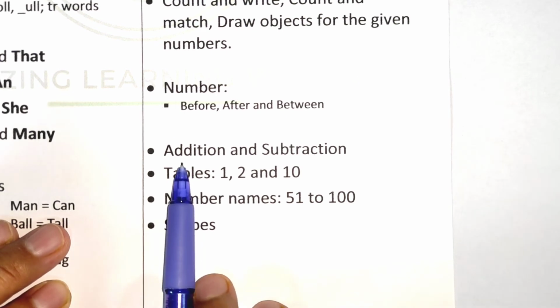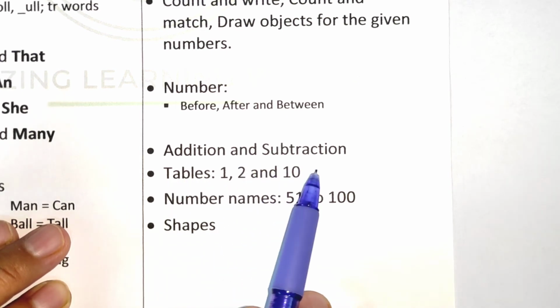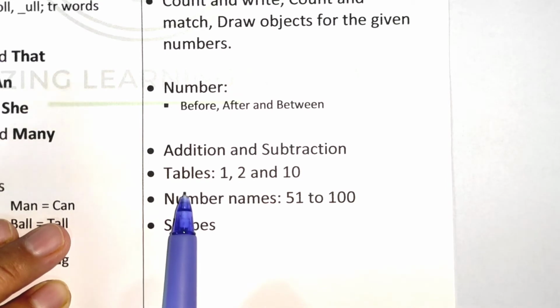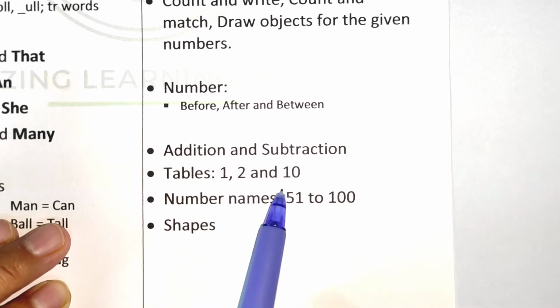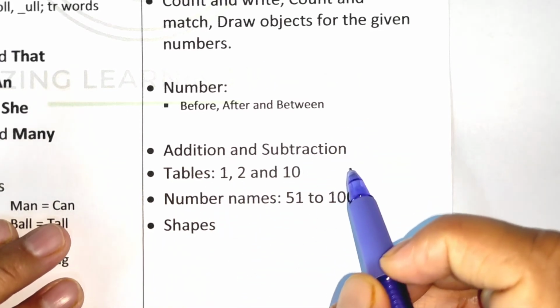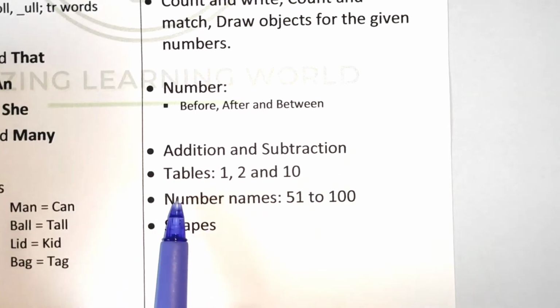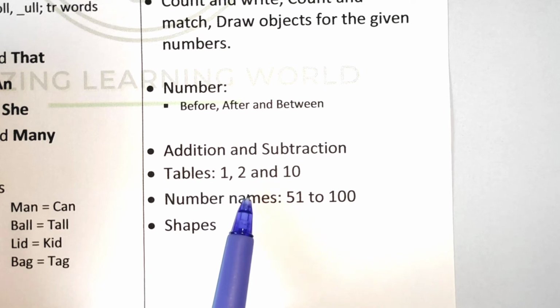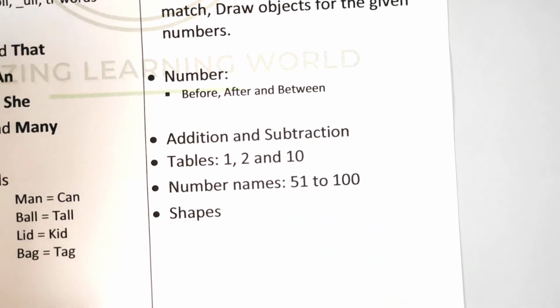Okay. The next is addition and subtraction. In addition, we have already learned its concepts, and now we will learn and practice further. Subtraction will be new for us to learn. There will be tables of 1, 2 and 10 to write and practice.